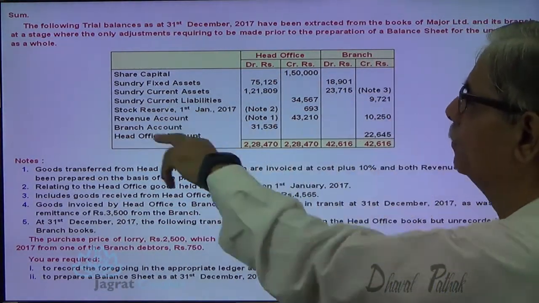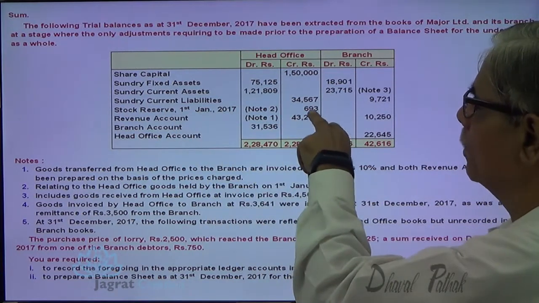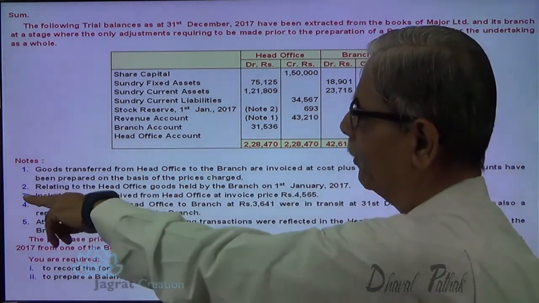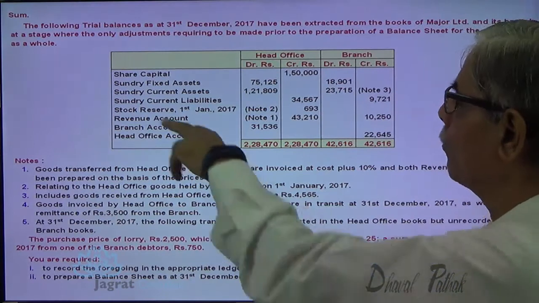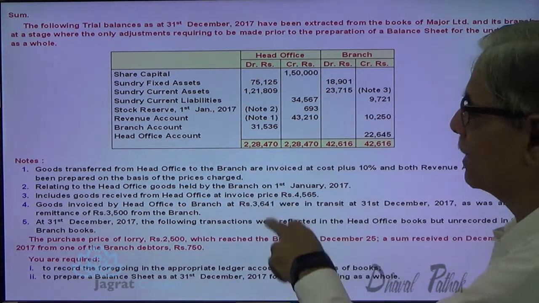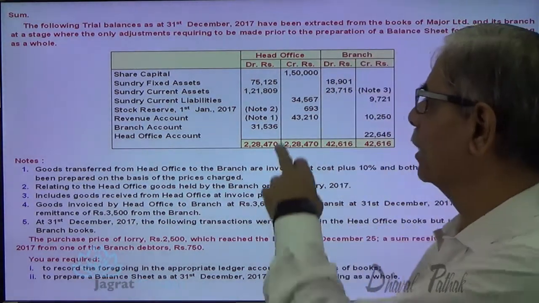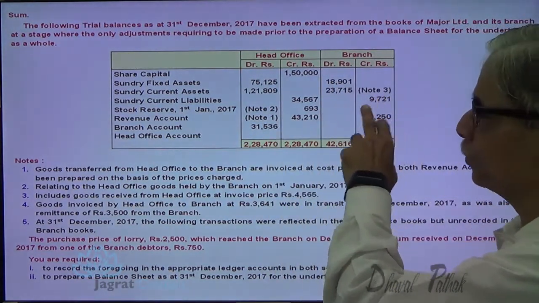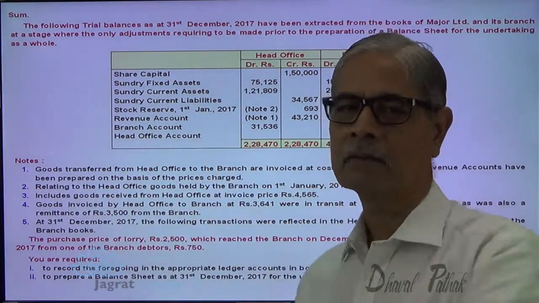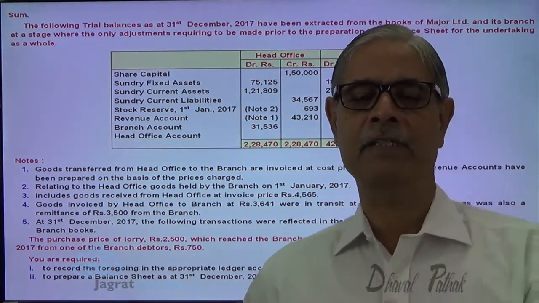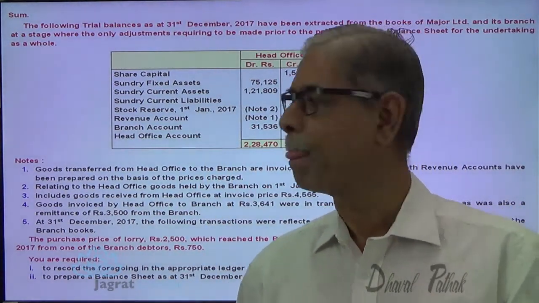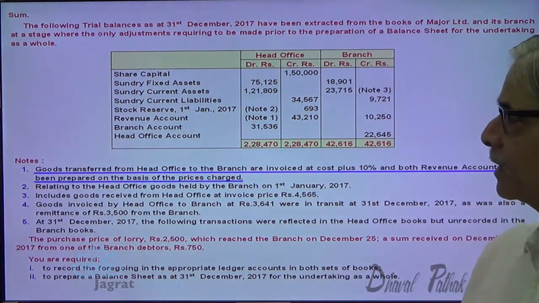Current liabilities, then stock reserve 693 has a reference to this note number 2. And revenue accounts has a reference to note number 1. So here note number 1, 2 and 3 follow this sequence. That is the first thing that the student should understand. Let me make it more obvious.